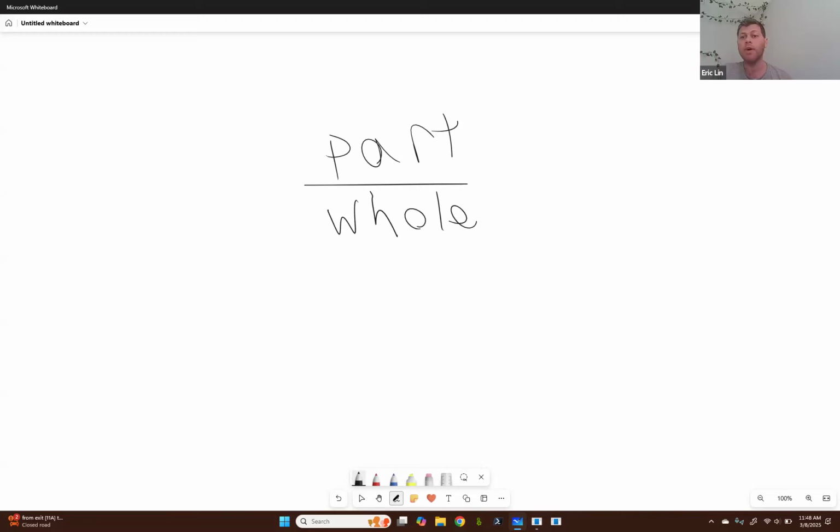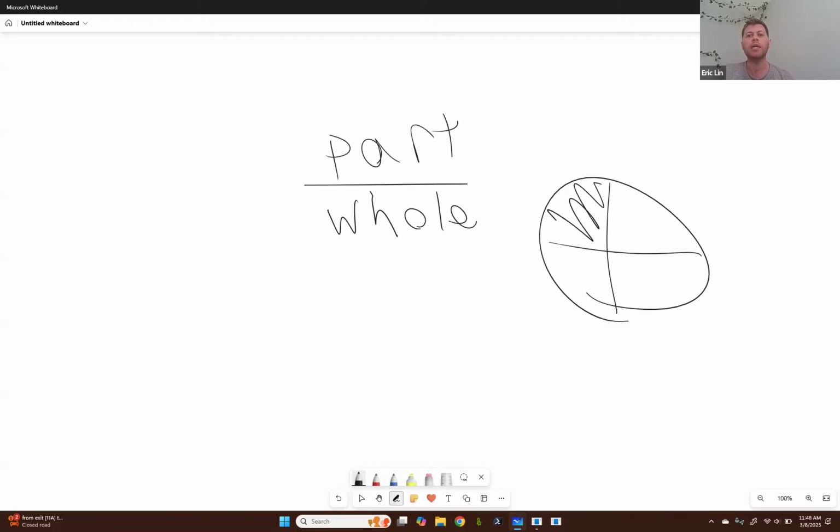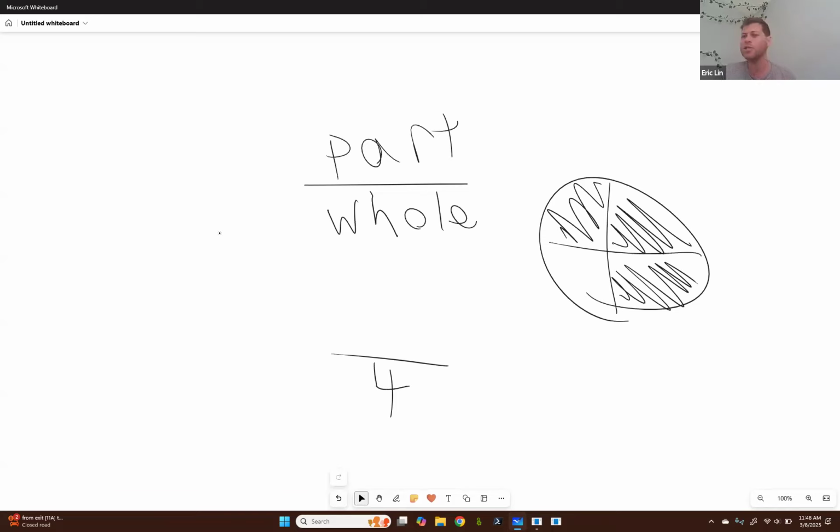For example, if I draw a circle and I cut it into 4 pieces and I shade 3 of these pieces, I can say the whole circle is 4 pieces. Okay, I'm gonna redraw that. I know a certain someone will get on my case if I don't change that 4. And the amount of the circle that is shaded is 3. So I can always consider my fractions to be what part I have over how many parts there are in the entire thing.